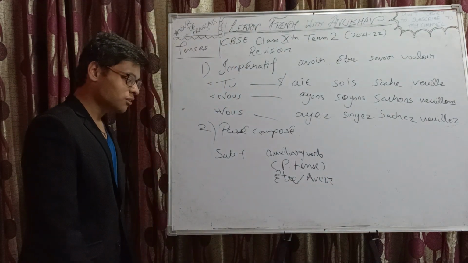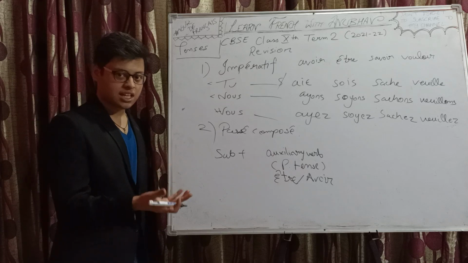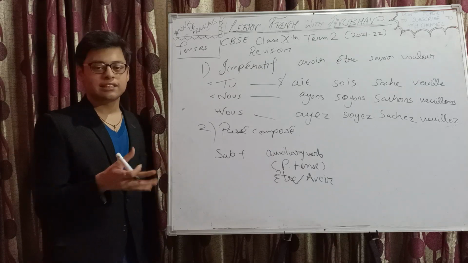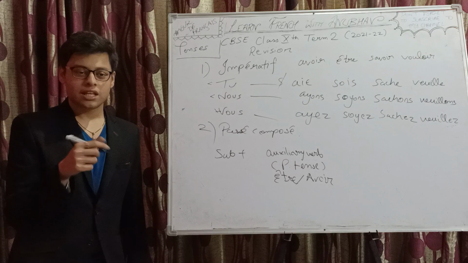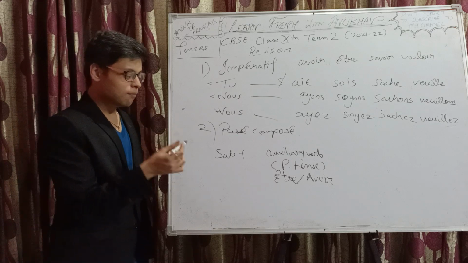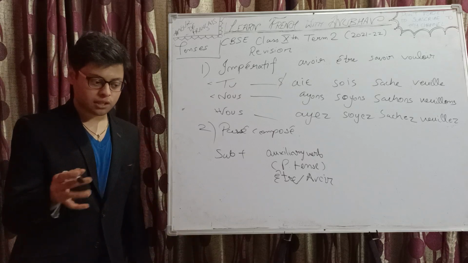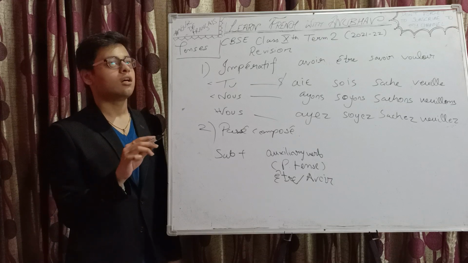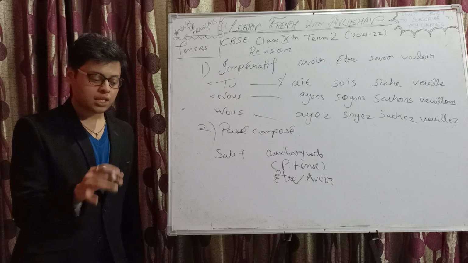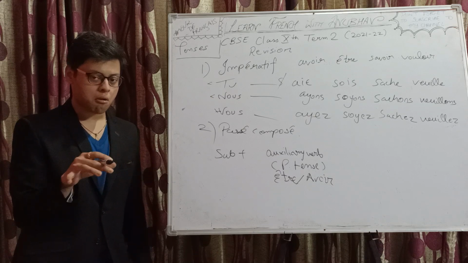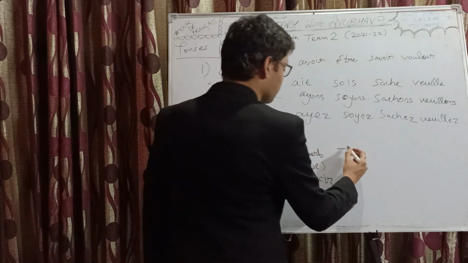Être: je suis, tu es, il/elle est, nous sommes, vous êtes, ils/elles sont. Avoir: j'ai, tu as, il/elle a, nous avons, vous avez, ils/elles ont. And then we have the past participle.